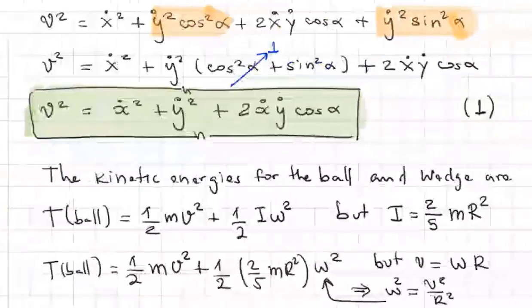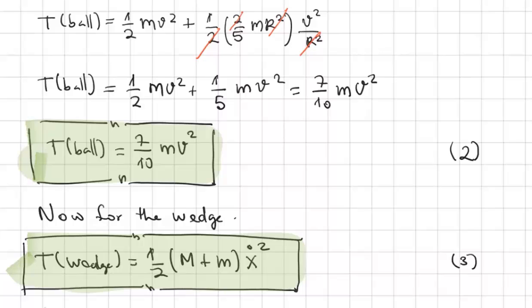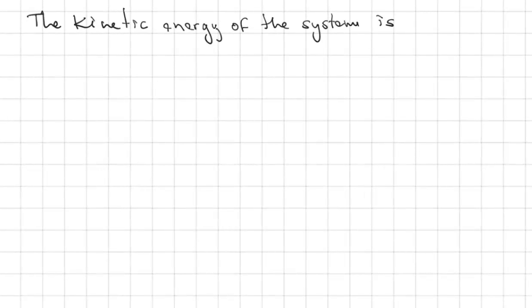Then, because of this situation, the kinetic energy of the wedge is going to be 1/2 of the mass of the wedge plus the mass of the ball multiplying the velocity squared. Okay, we call this equation number 3. Then the kinetic energy of the system is the kinetic energy of the wedge plus the kinetic energy of the ball.